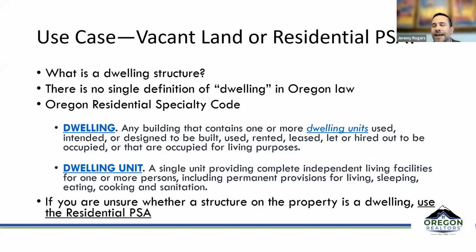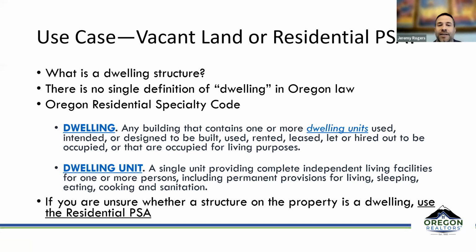So as you're thinking about this and trying to understand what's a dwelling structure in terms of using the residential agreement as opposed to the vacant land agreement, I mentioned there's no single definition in Oregon law, but the Oregon Residential Specialty Code, of all the things I've seen, I think provides the most help in understanding what a dwelling unit is.